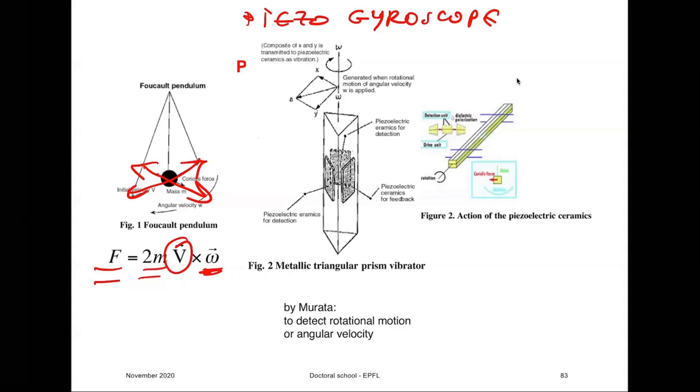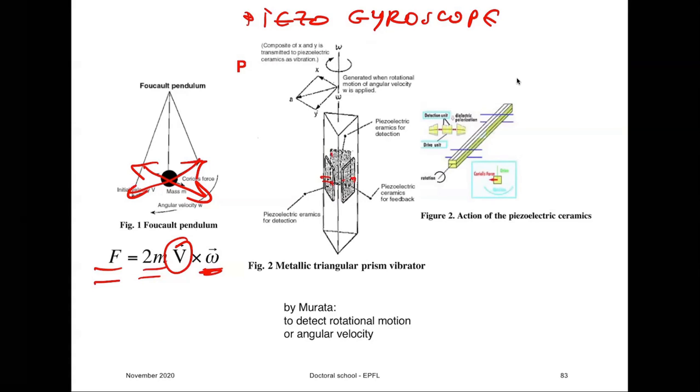So people have used this. If you have such a prism, and then you have piezoelectric elements here, I will explain how it works, and then if this whole object rotates, then you will have some Coriolis forces which will force otherwise equivalent acoustic waves to behave differently.